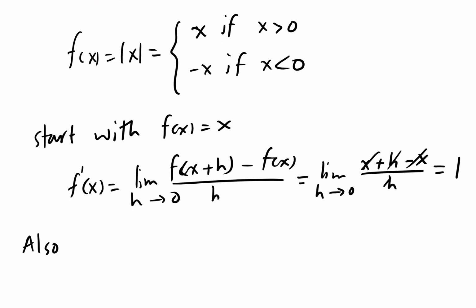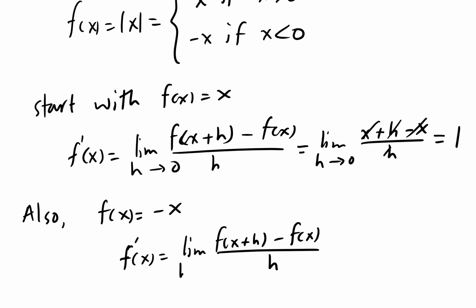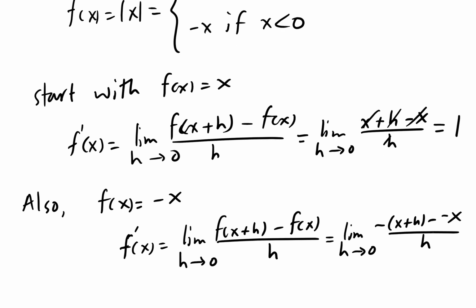Also, f prime of x equals the limit of f of x plus h minus f of x over h as h goes to 0. So replace x with x plus h, minus negative x, over h.